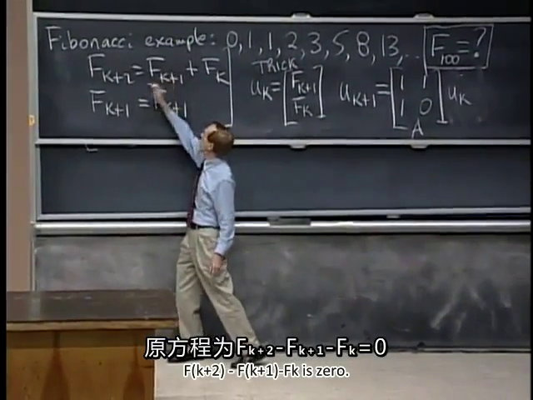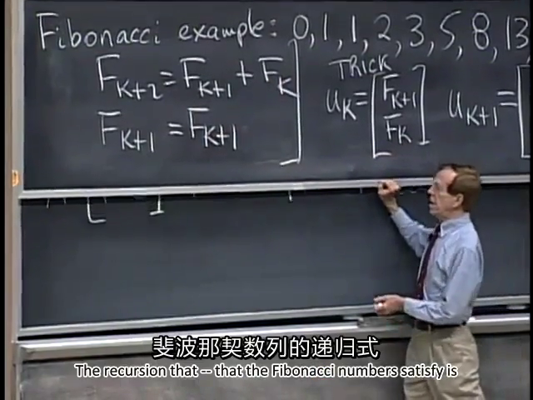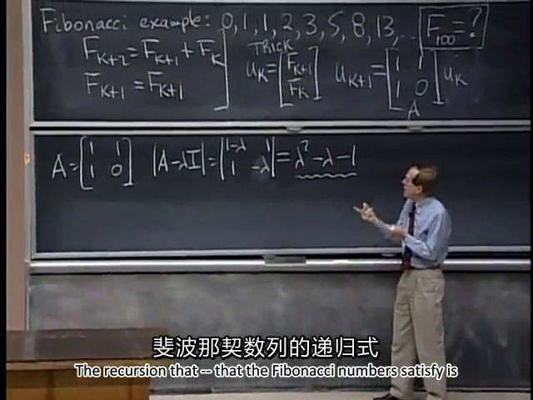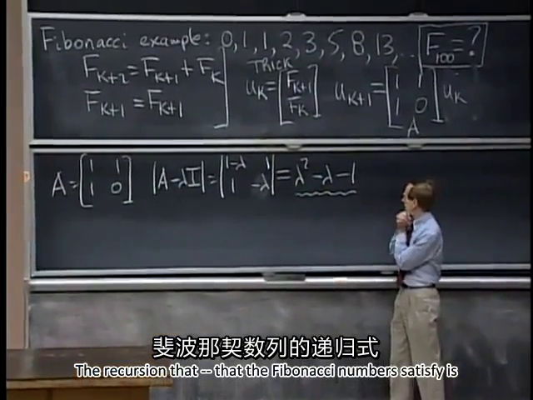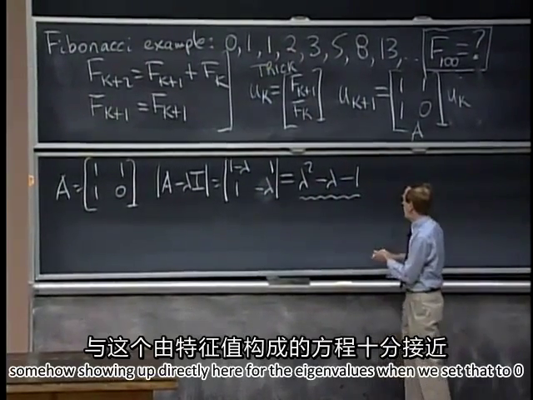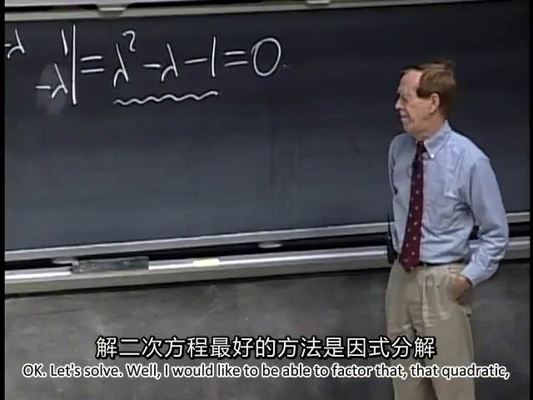Fk plus 2 minus fk plus 1 minus fk is 0. The recursion that the Fibonacci numbers satisfy is somehow showing up directly here for the eigenvalues when we set that to 0. Okay, let's solve.